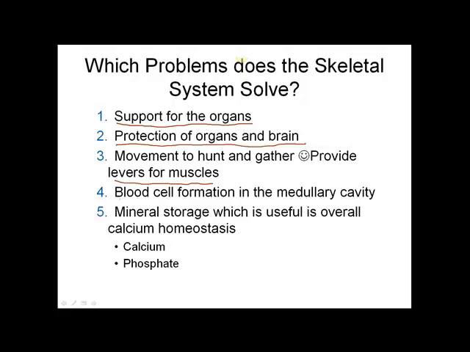In the middle of long bones, there are cavities where baby blood cells are forming. So that's red blood cells and white blood cells. It's in the medullary cavity, which we'll cover in a moment. And then there's mineral storage. Mineral storage is where the calcium and phosphate obviously are what make your bones hard.